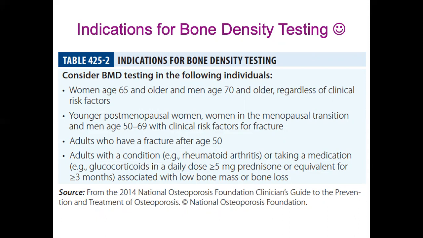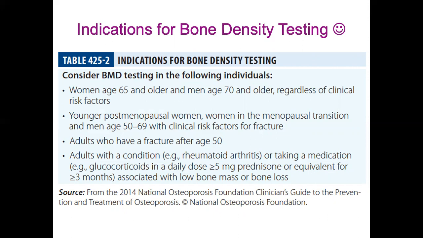In younger postmenopausal women, 50 to 69, if there are clinical risk factors for fracture, as we mentioned earlier. Adults who have a fracture after age 50, adults with a condition or taking chronic corticosteroids, like those who have a history of SLE or asthma, who are taking oral drugs associated with low bone mass or increased bone loss.